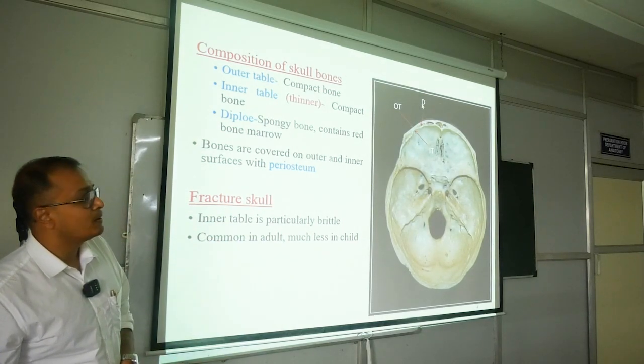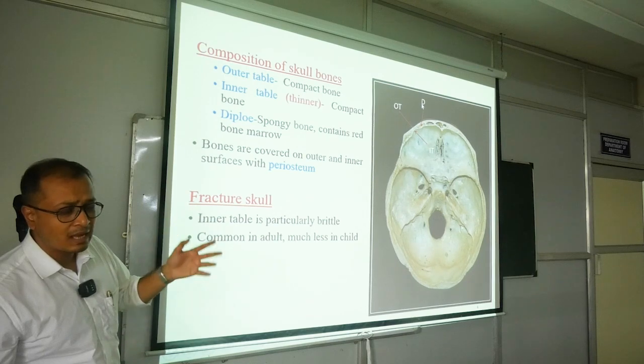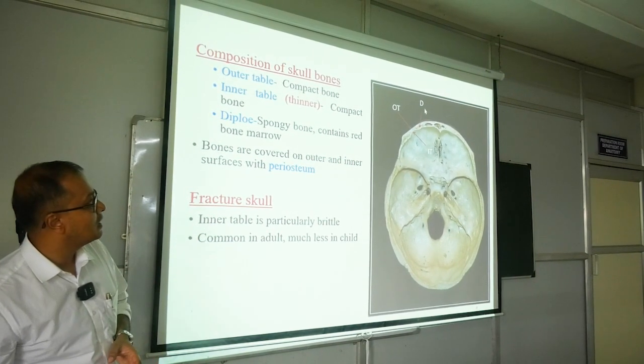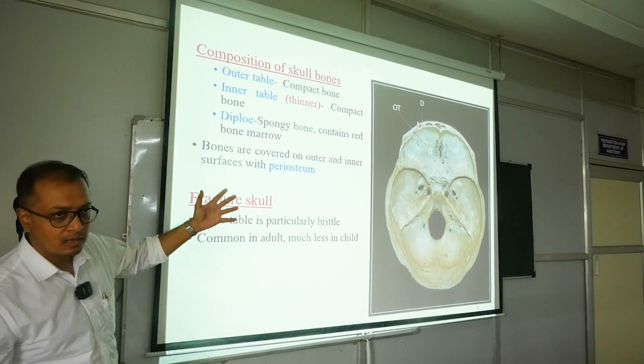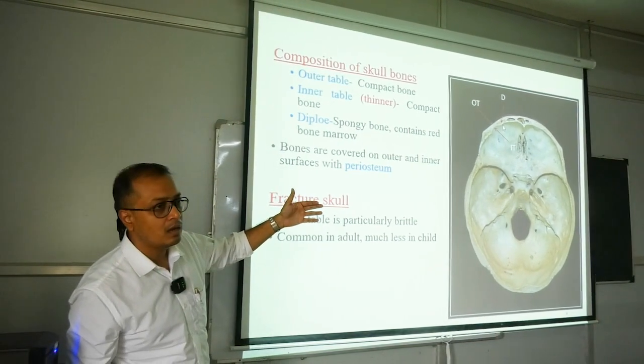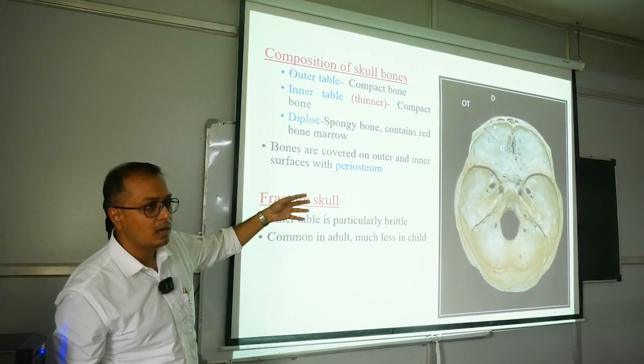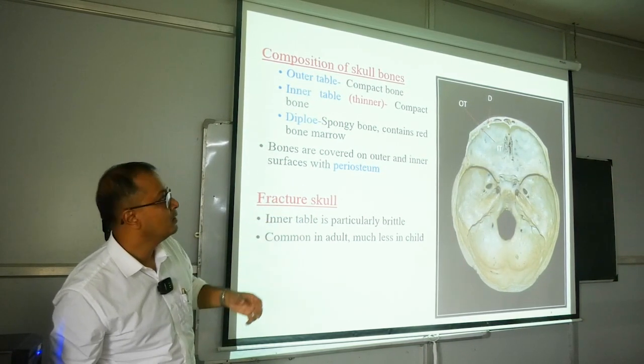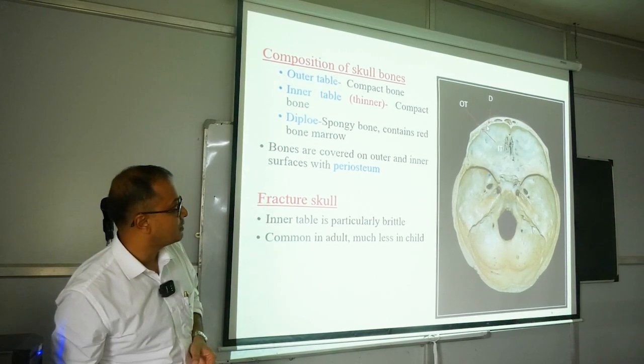Now if you see these facial or cranial bones, they have two layers. One is the outer layer, which is present on the outer side, and then we have the inner layer. In between the outer layer and inner layer, we have a spongy layer of bone. The outer layer is tough, thick, and gives more structural support than the inner layer.